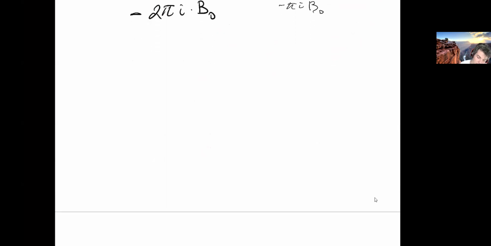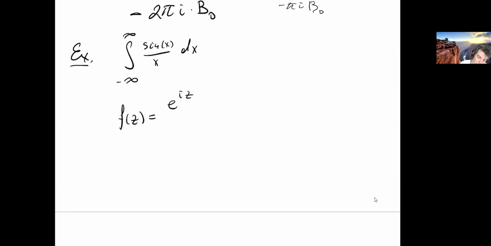Okay, and now an example. So now finally, I'm going to do this carefully. So we'll introduce f of z is equal to e to the iz over z.